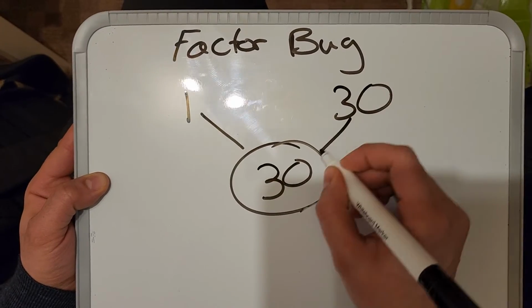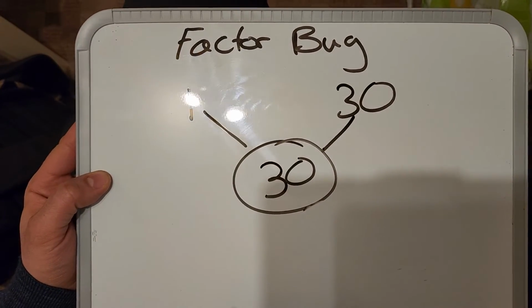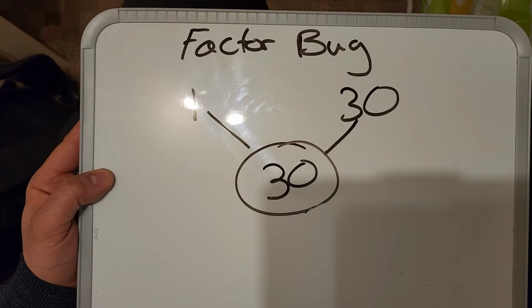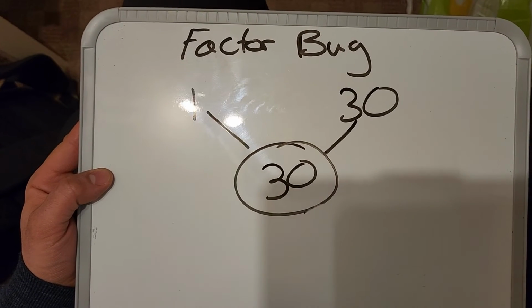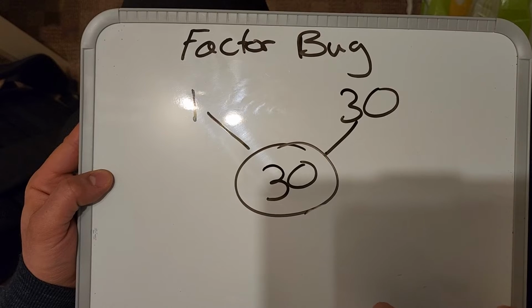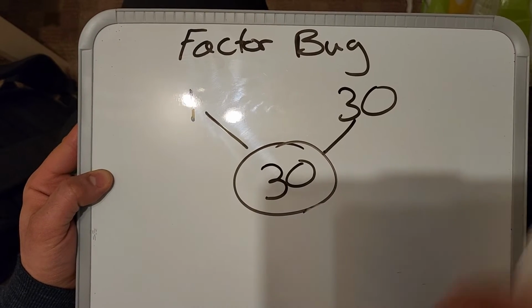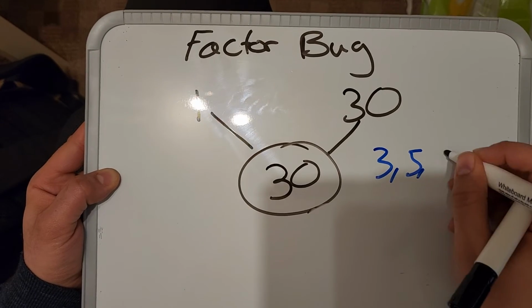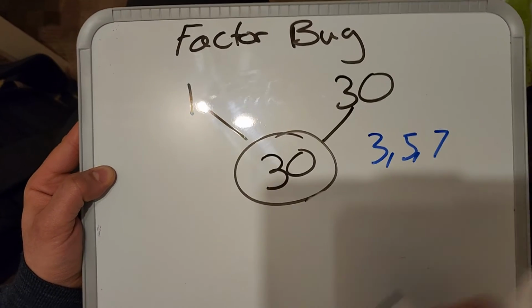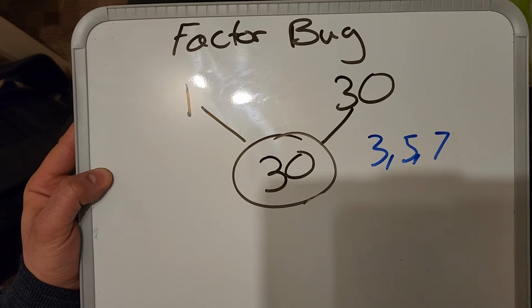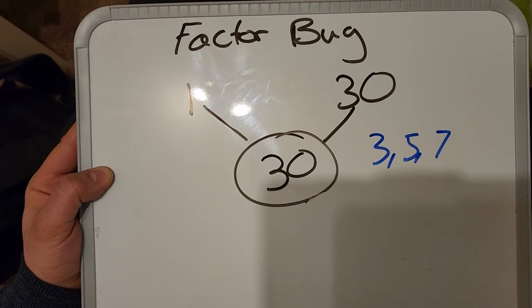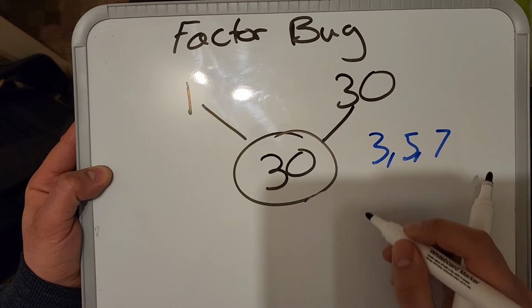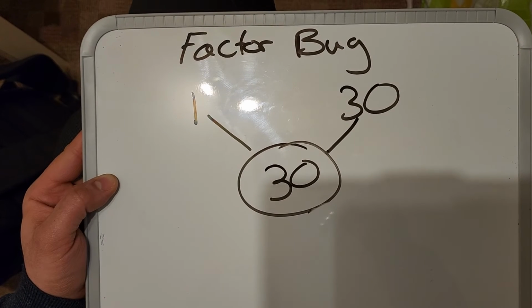They come in pairs. And a number that only has a factor of 1 and itself, we call a prime number. So you could say the numbers 3, 5, 7, they tend to be odd numbers, but there's one famous prime number that's even, and that is 2.